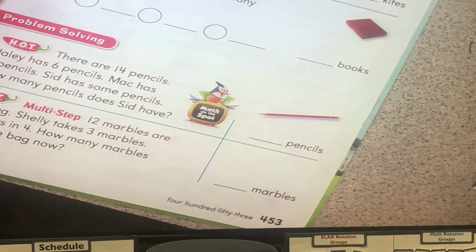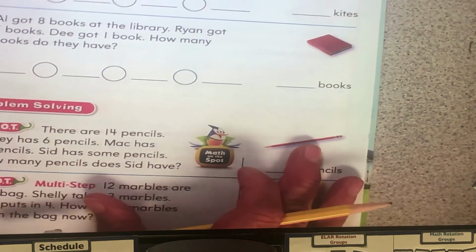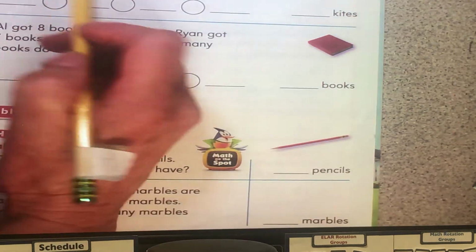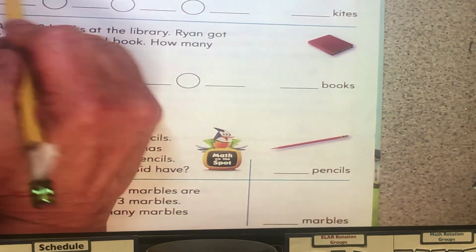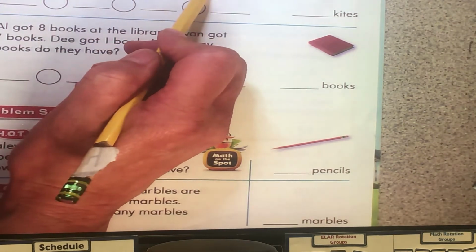Page 453. Draw a picture to solve. Oops, I'm crooked there. Here we go. Draw a picture to solve. Ava has 3 kites. Lexi has 3 kites. Fred has 5 kites. How many kites do they have?